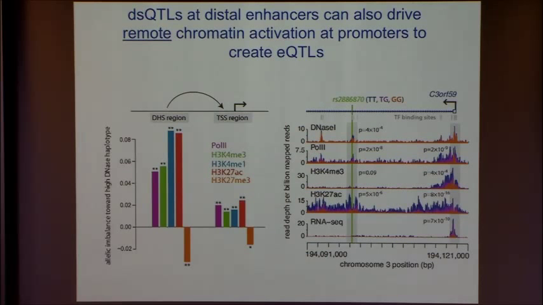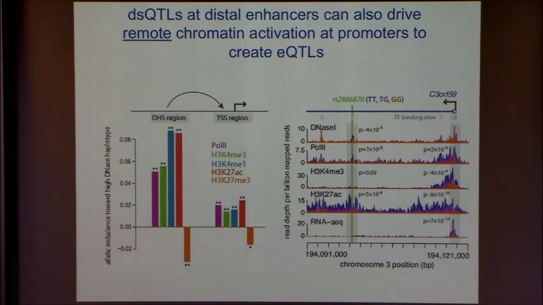We also find that there are sites that create long-distance changes in chromatin. So these will be examples of dsQTLs that are affecting expression at distant promoters. So here's one example. These are tracks for a bunch of different chromatin features.